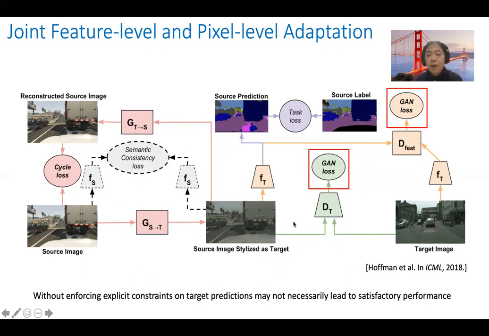They also operate on the target image: for this stylized or translated image, you can also use the target image and compute the GAN loss. So it operates on the pixel level with four losses, and also on the feature level, the traditional one. This is what they do in the CyCADA method.